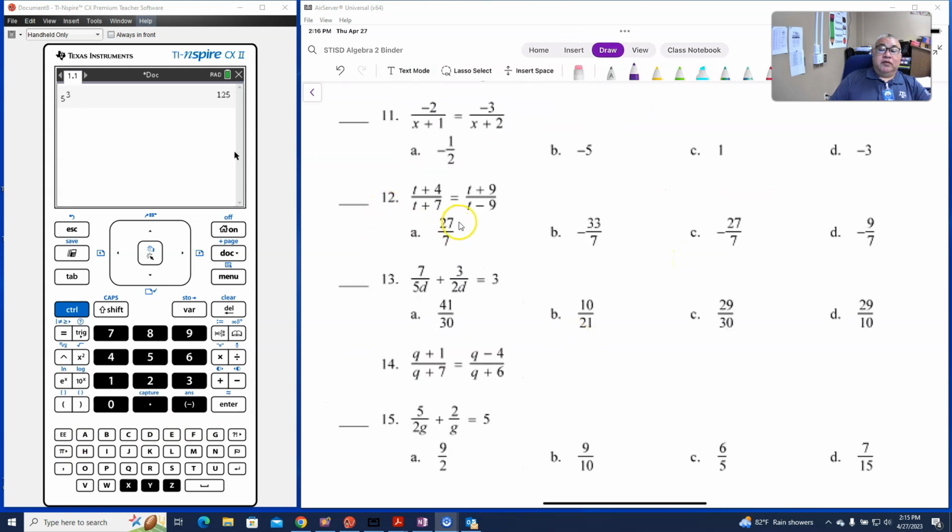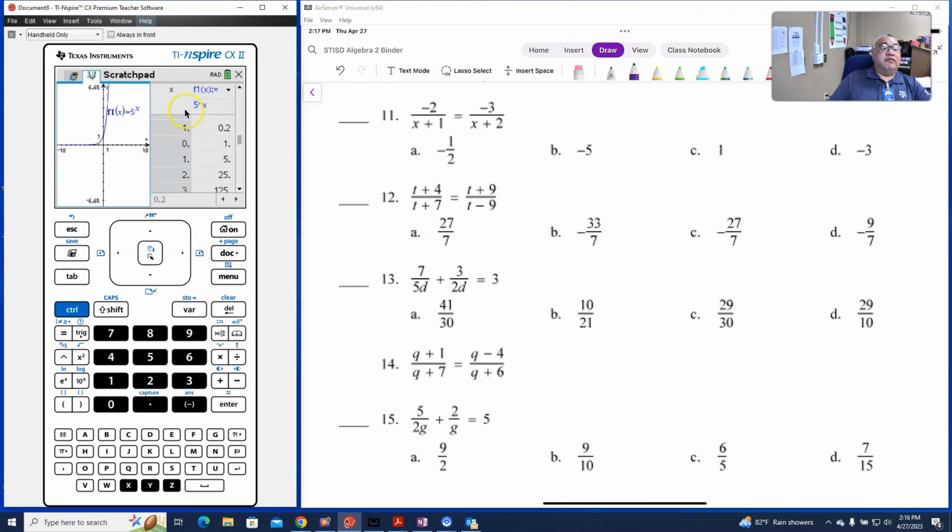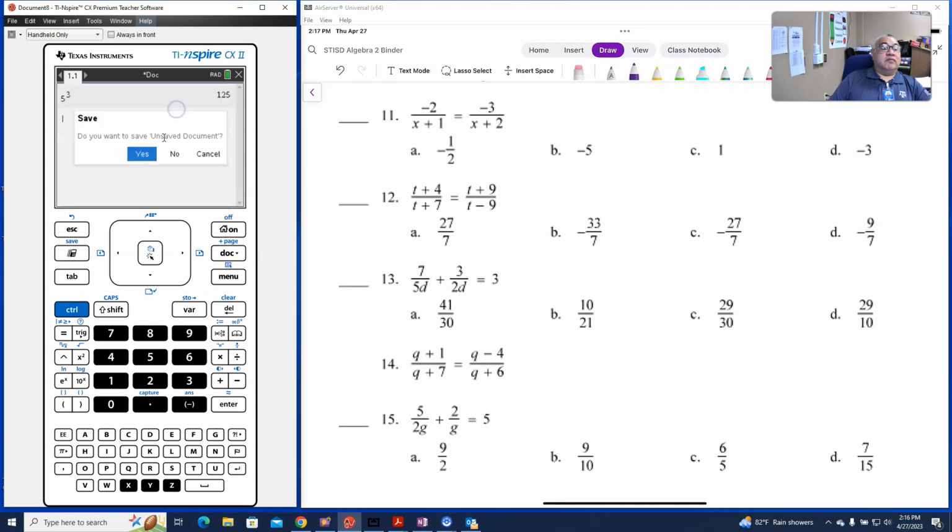Number 12, I'm going to want you to go ahead and use your calculator to solve this rational expression. So let me show you how to do that. Go to graph, and then you're going to type in control division, and then we're doing 12. So we have x plus 4 divided by x plus 7, enter.